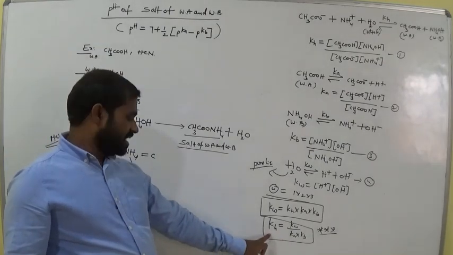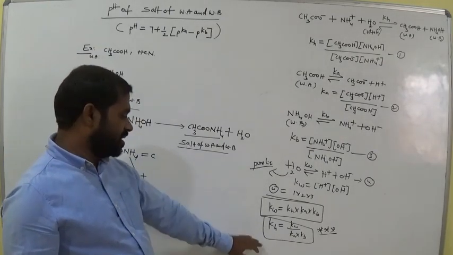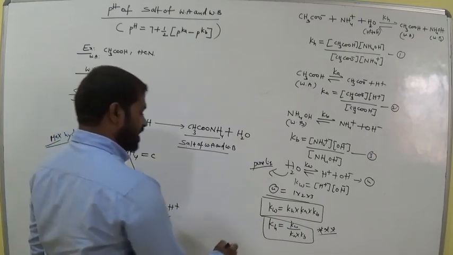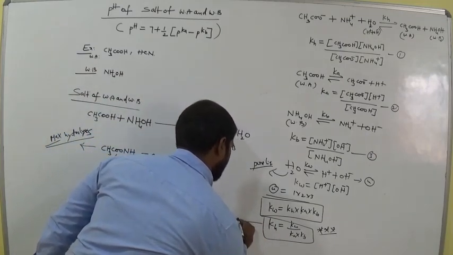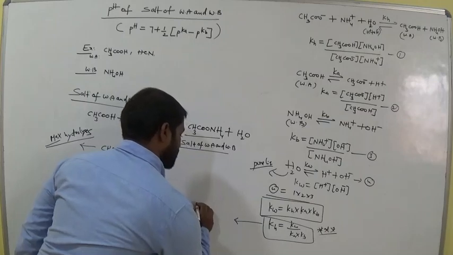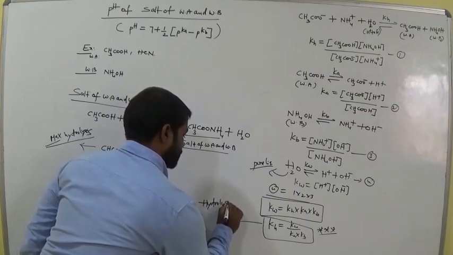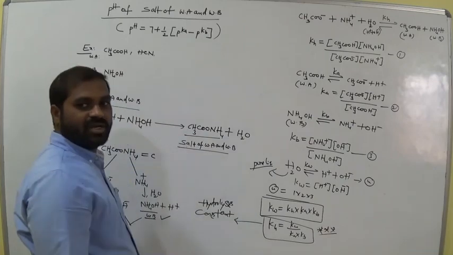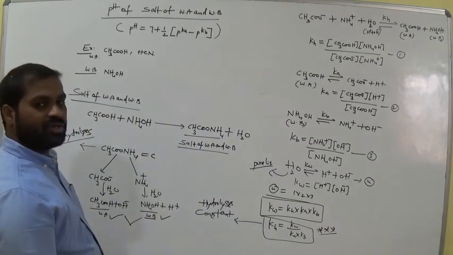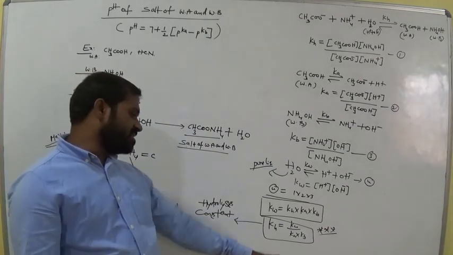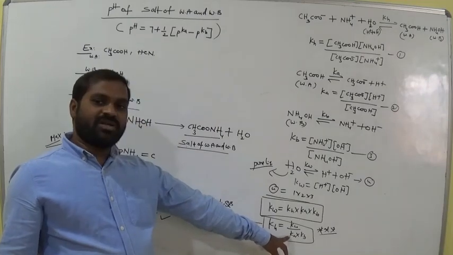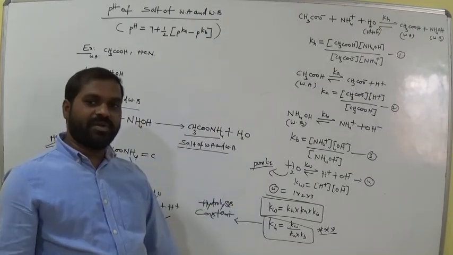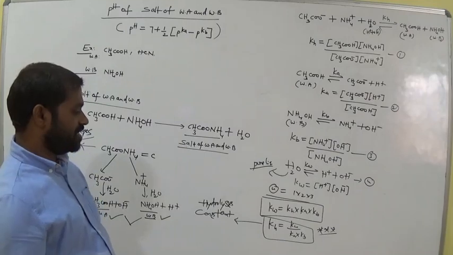Where Kh means hydrolysis constant, Kw is the ionic product of water, Ka means equilibrium constant for the weak acid, and Kb means equilibrium constant for the weak base. Okay, clear?